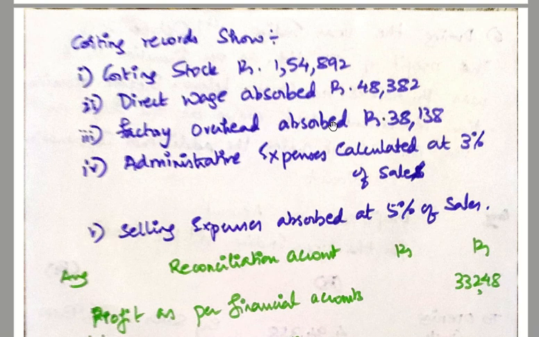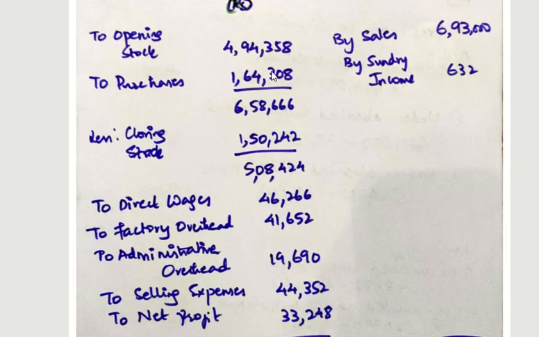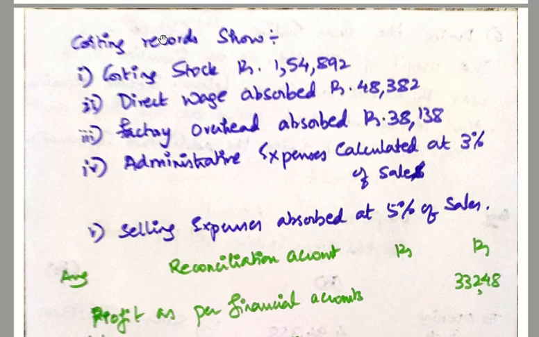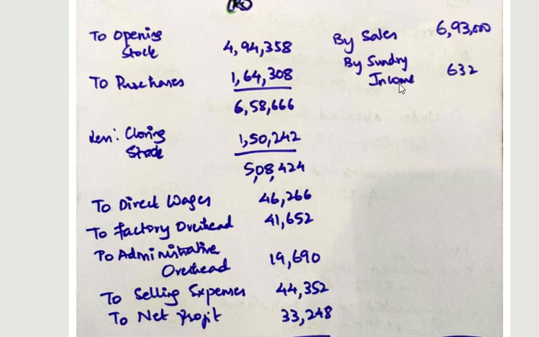So I will show the explanation for each and every item. So closing stock is 1,54,892 in your costing books, and the closing stock in financial books is 1,50,242.